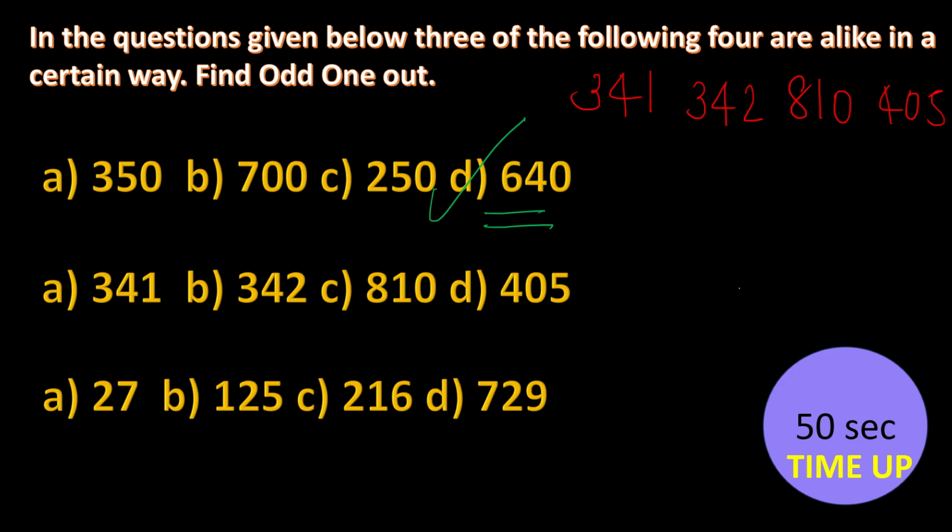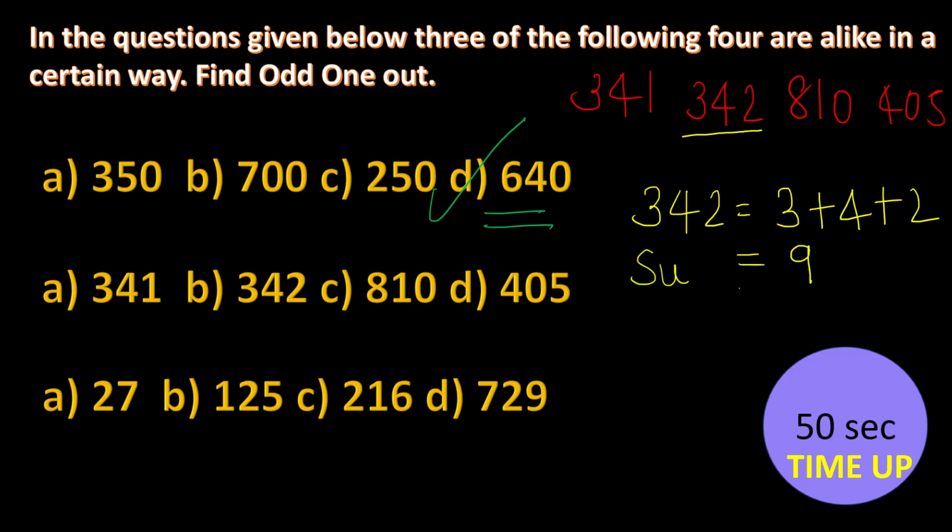If you take 342 and add the digits, 3 plus 4 plus 2, it will give you the sum as 9.